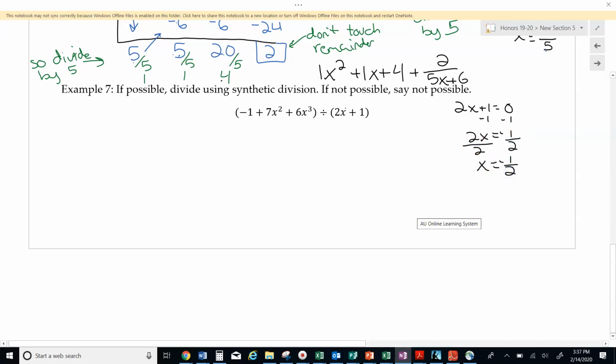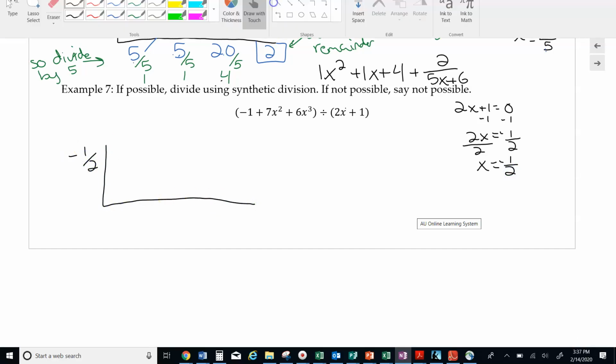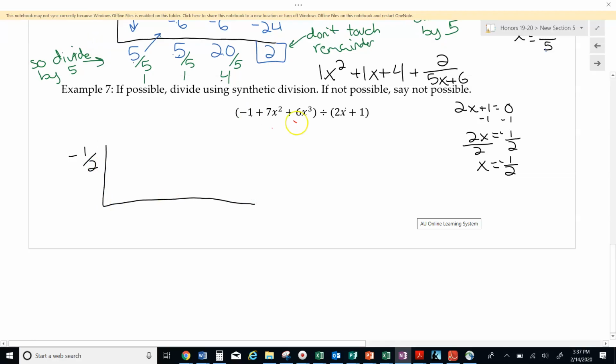So we're going to get negative 1/2. Now again, here I'm going to rewrite this first because this is clearly out of order. I'm going to start with my highest exponent. I have 6x cubed plus 7x squared. I have no x's and a -1.